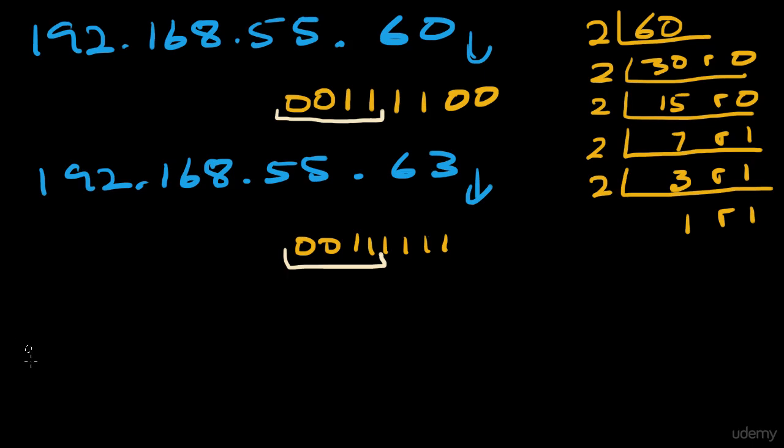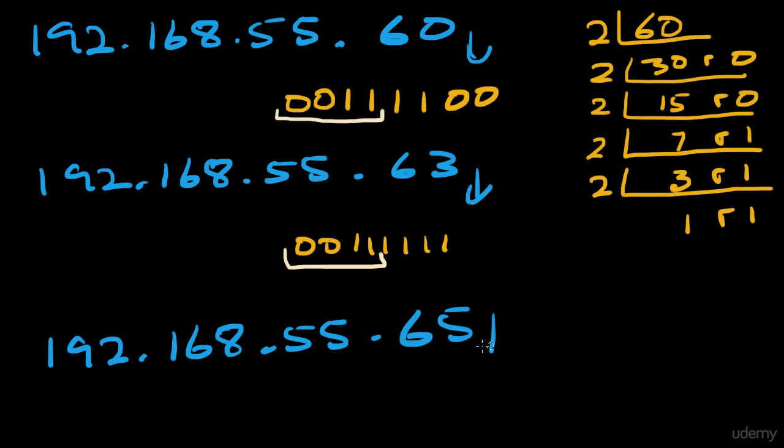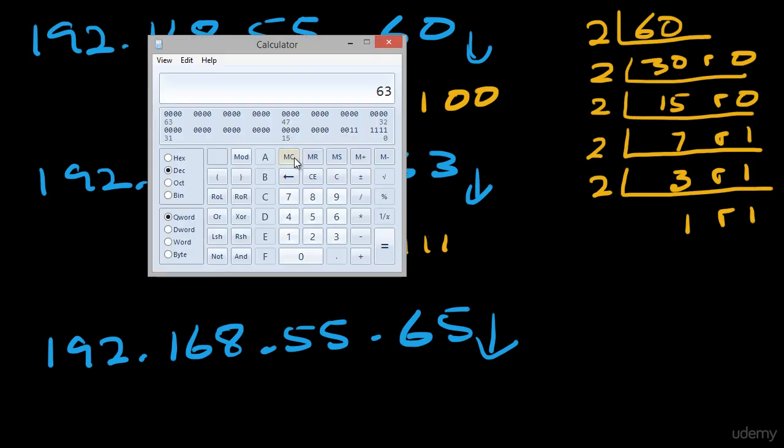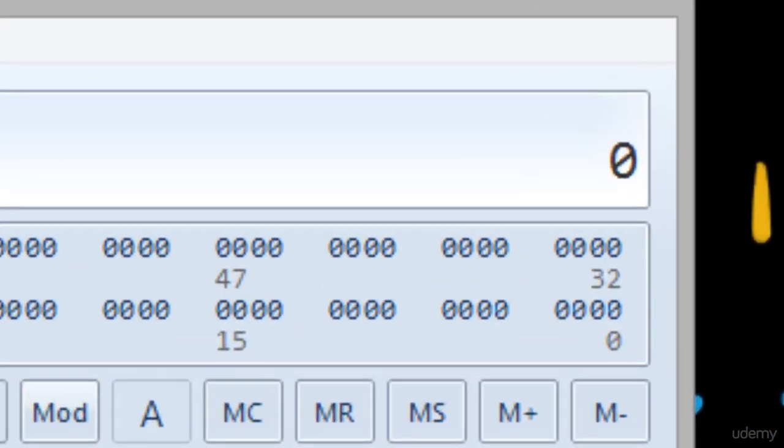What about 65? 192.168.55.65. 65 in binary. Again, I have the benefit of a calculator. In the exam, you would not. 65 is 0, 1, 0, 0, all the way to the end, which is 1.